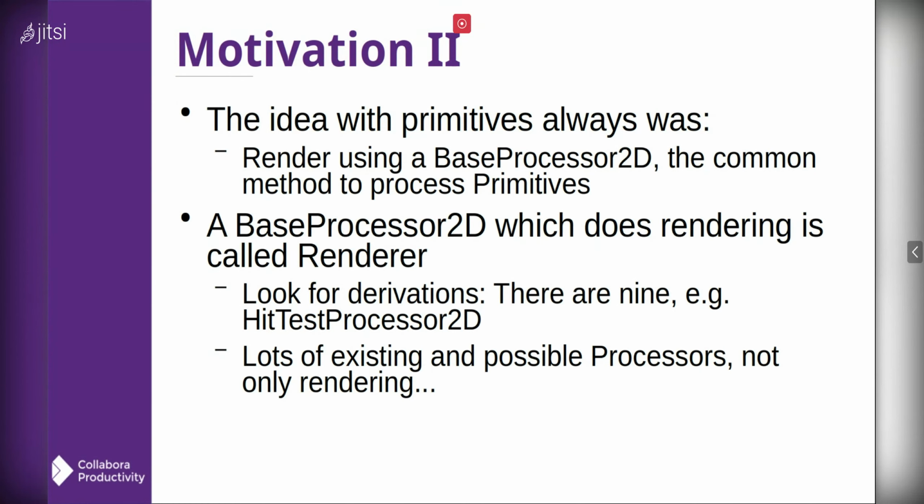Theoretically, we have not done that yet on any system, you can also do an SCPR for directly supporting 3D renderings. We should do that in the future, definitely. It's all prepared. So a base processor 2D, which does rendering, is called a renderer. Look for derivations. We currently have 9 of them.